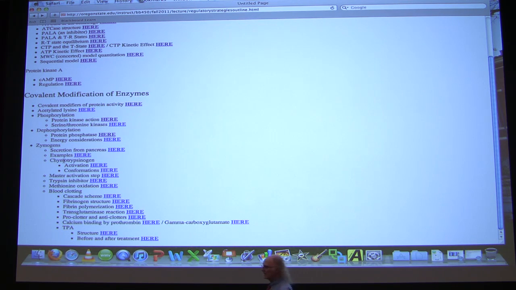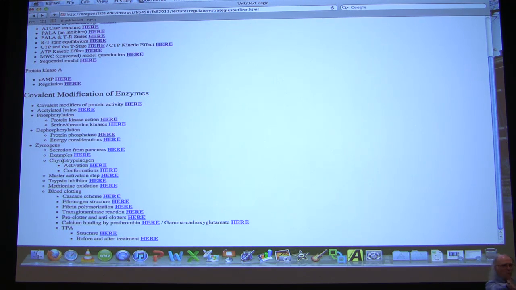I don't want my digestive enzymes to digest my pancreas. Right? I'm fond of my pancreas. All right? So my pancreas is not stupid. It doesn't make active enzymes. It makes inactive enzymes called zymogens. So in other words, it starts out making these enzymes that will ultimately become active, but it starts out making them in an inactive form.